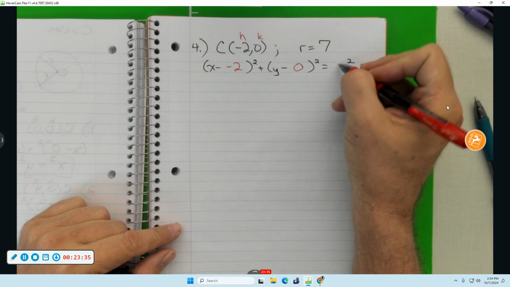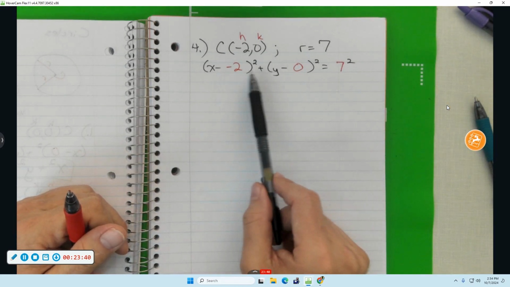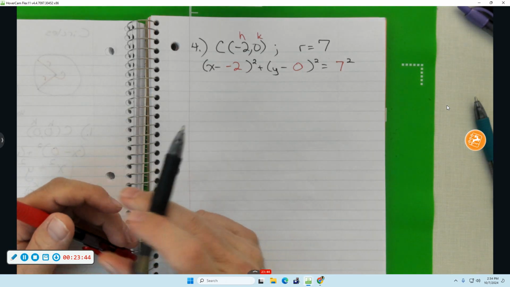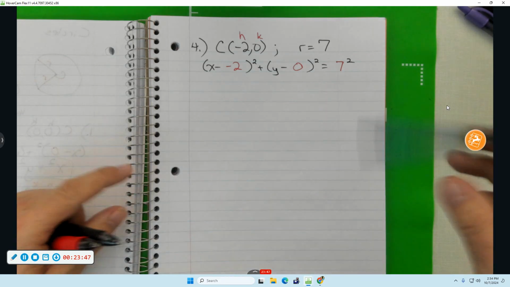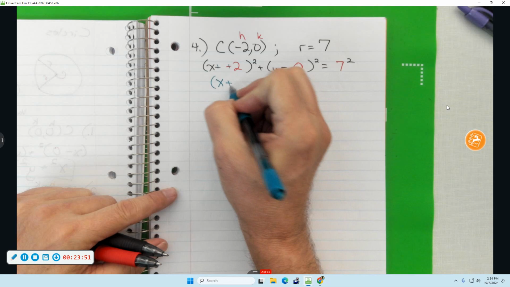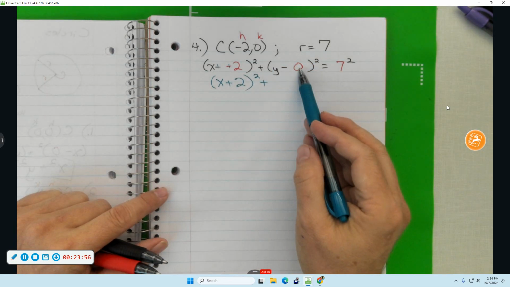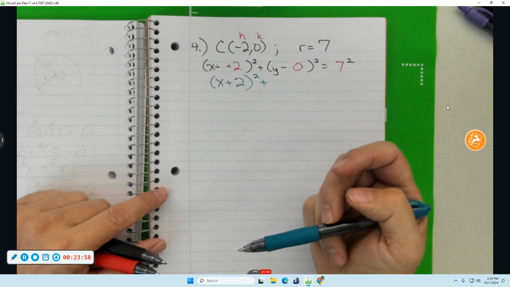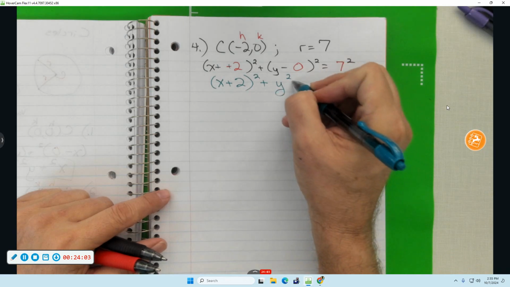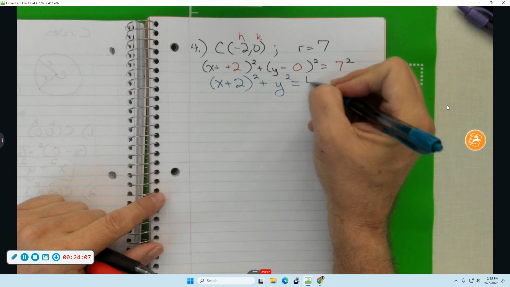Oh, I mean in here. I pointed at the 7, didn't I? I can clean up this first term, the x minus -2 quantity squared. How am I going to write that? Okay, the minus and negative becomes a plus, so x plus 2 squared plus y minus 0. This is really nice. That's just y, so we have plus y squared equals, and on the right, 49.